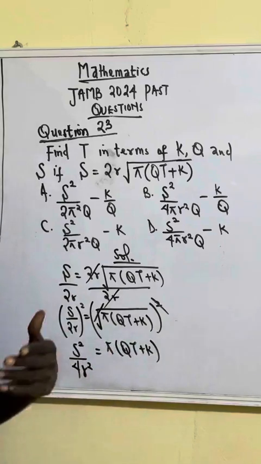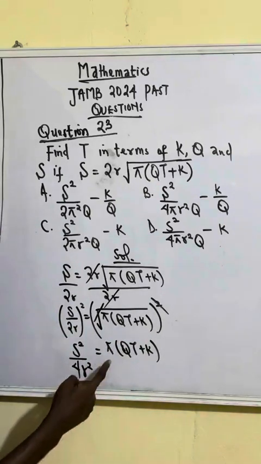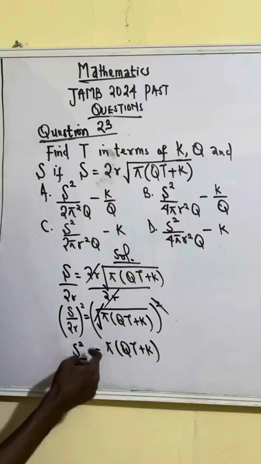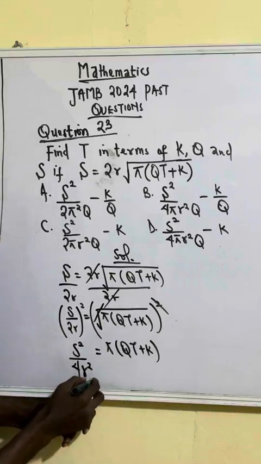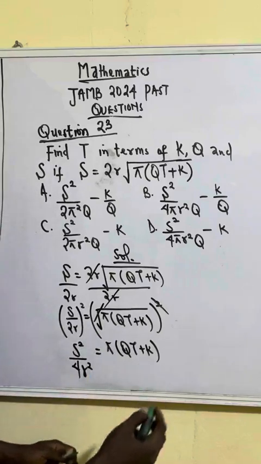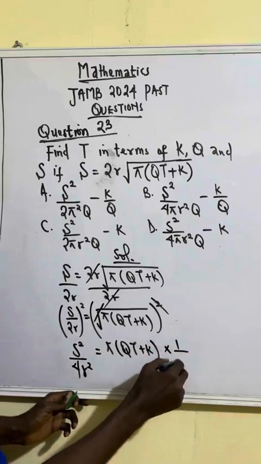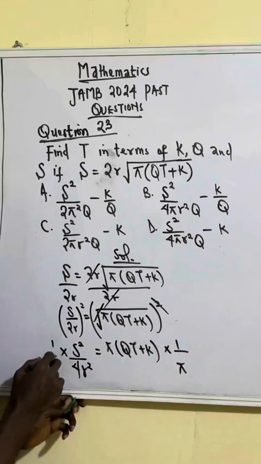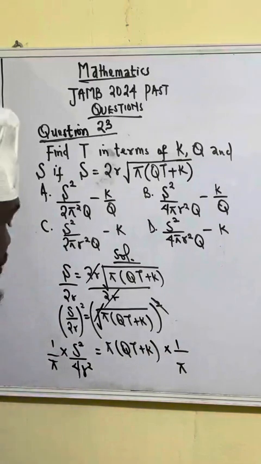You can see that our problem is becoming simpler. So the next thing is to look for a way to remove this pi. How can I do that? I can divide both sides by pi, or let's multiply both sides by 1 all over pi. Multiplying both sides by 1 over pi will help us get rid of the pi.